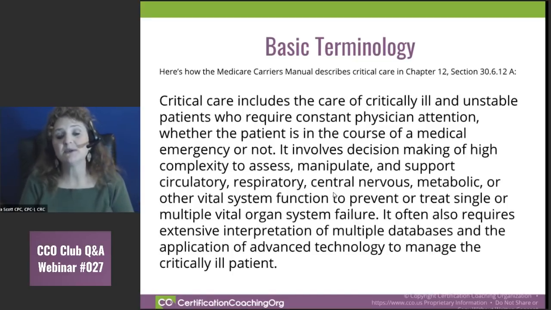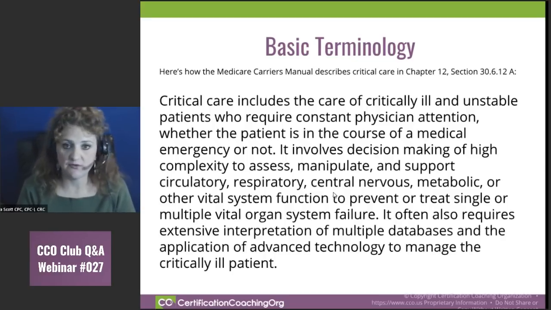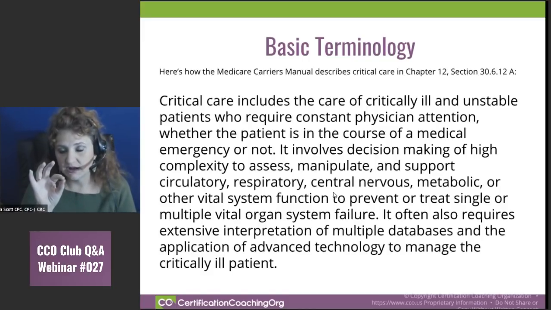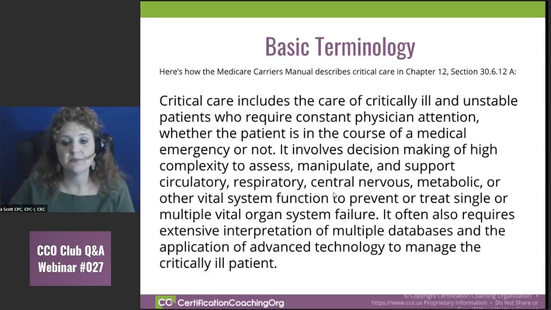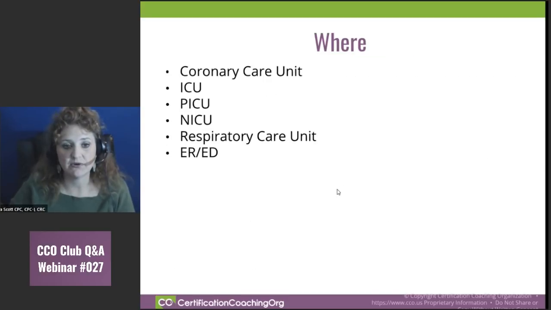Right now, it could be one organ failure or it could be multiple organ failures. And most of the time when you're looking at ICU, you've got multiple organ failures, not always, but in the scenarios that I've seen, that ultimately is what we see. All right, so that gives you a closer look in depth as to what critical is and the patient being unstable.